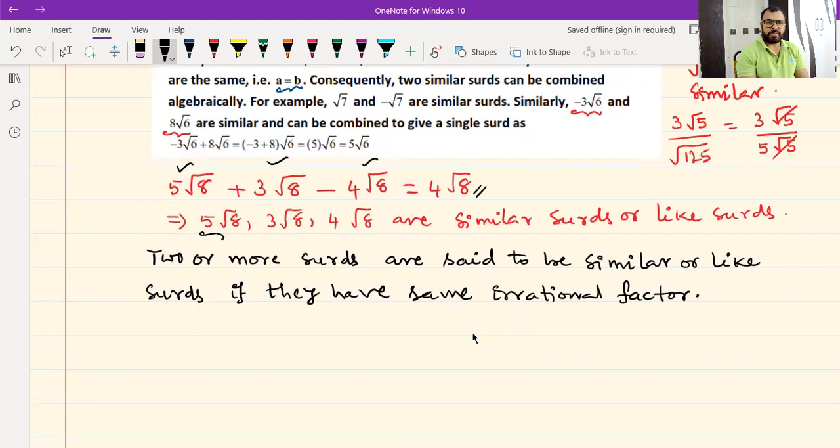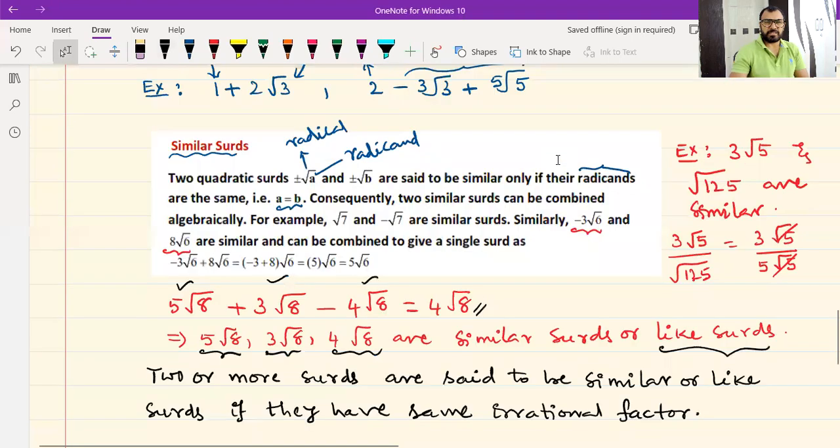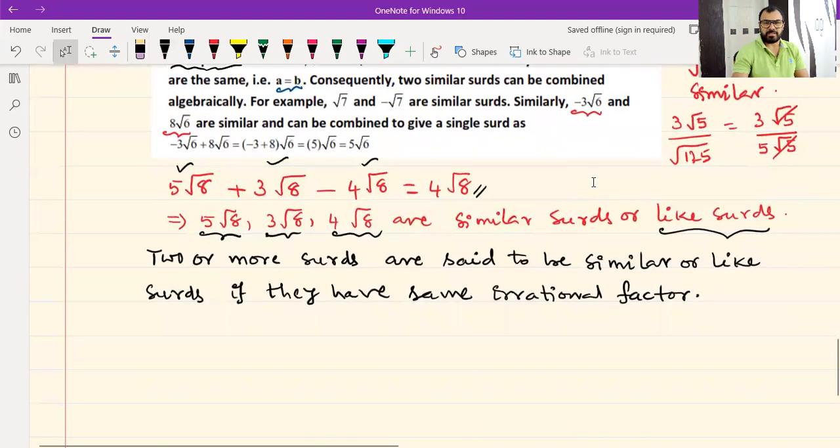So therefore 5 root 8, 3 root 8, 4 root 8 are similar surds, or you can say like surds. The above one is only for quadratic surds. You see here, I have written two quadratic surds. But it is not necessary that every time we must have quadratic surds.